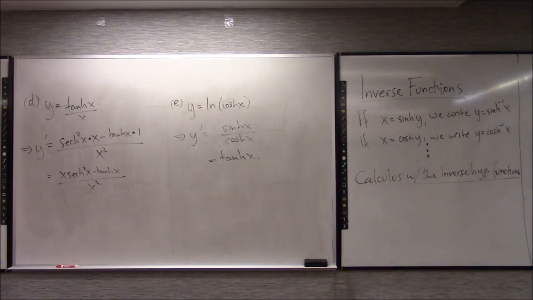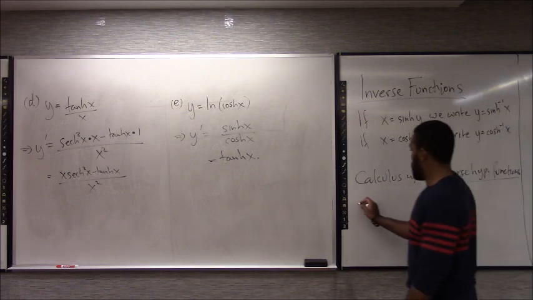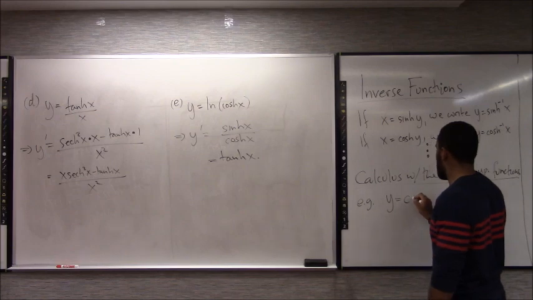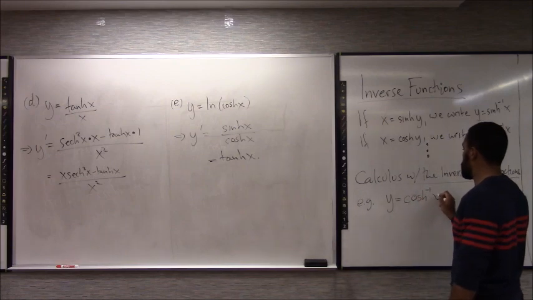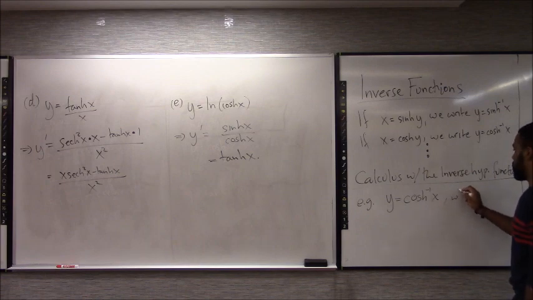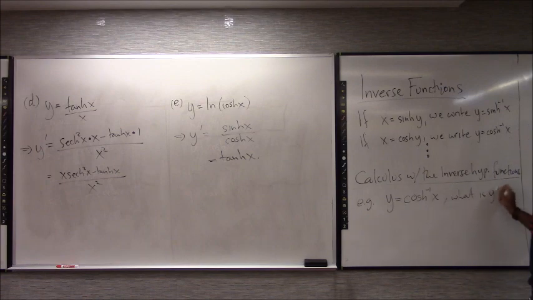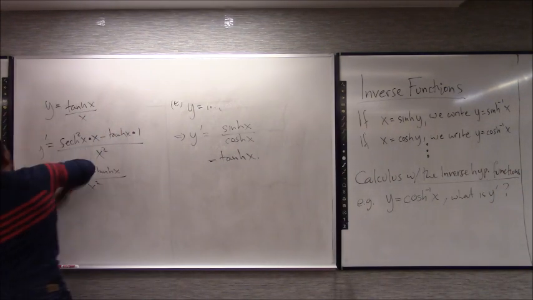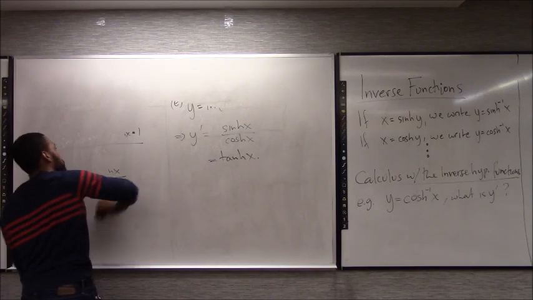Let's say I actually wanted to find the derivative of, suppose y was equal to the inverse cosh. What is y prime? So here's something you can do to figure that out. I'm just going to derive one of them for you and then just write down the forms for the other one.